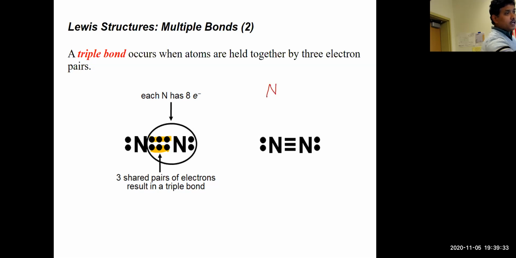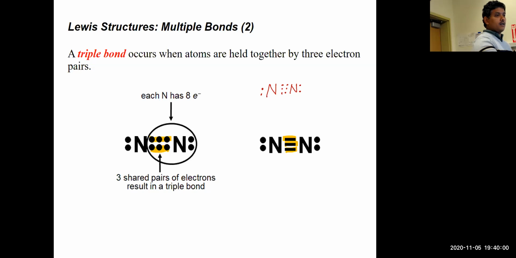Like nitrogen, 1 pair, another pair, another pair. This makes more sense than the one that was currently shown. So those 3 shared electron pairs are leading to 1, 2, 3 bonds between the nitrogens. That's why we call it a triple bond.